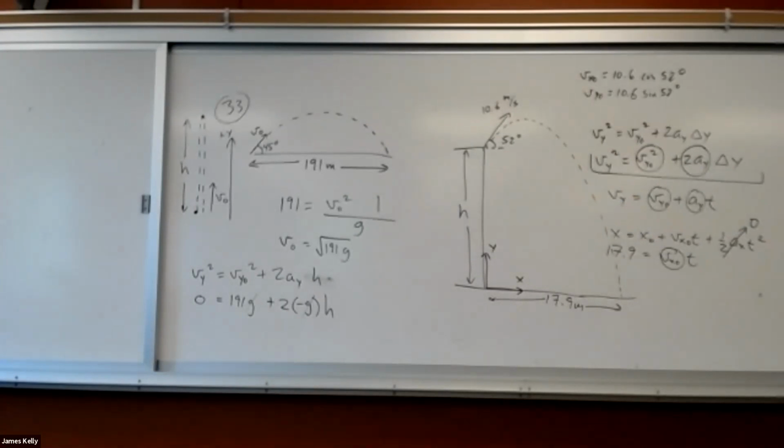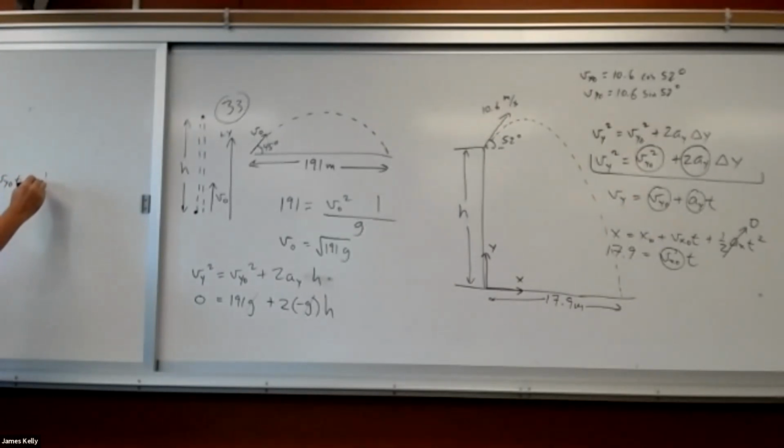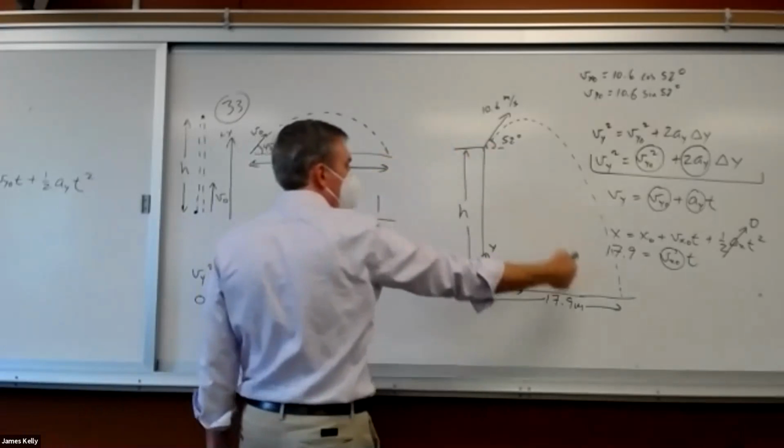We could have used this, but with the y's in it, right? That would have given me automatically what I want to know. In my situation, let's just write it down. Y equals y initial plus Vy initial times t plus 1/2 ay t squared. Y final is 0. Again, I'm taking initial to be here and final to be down there.